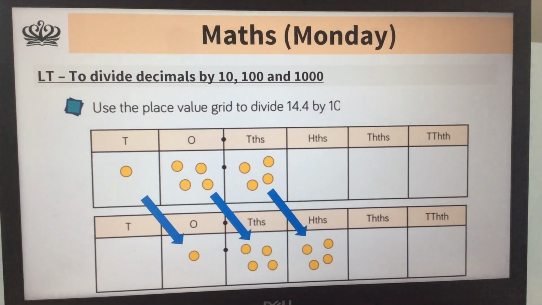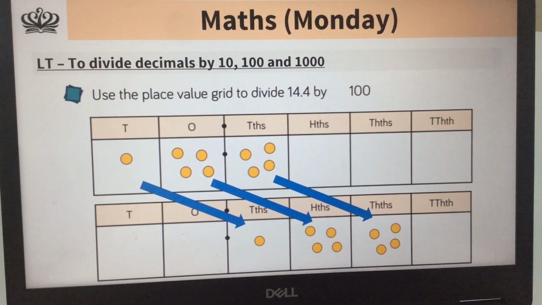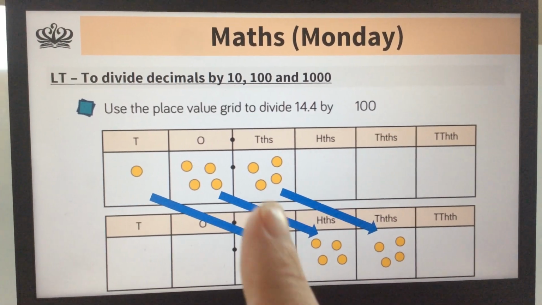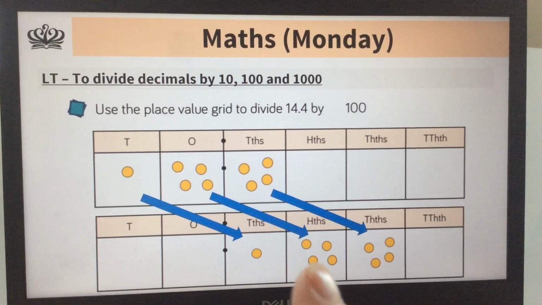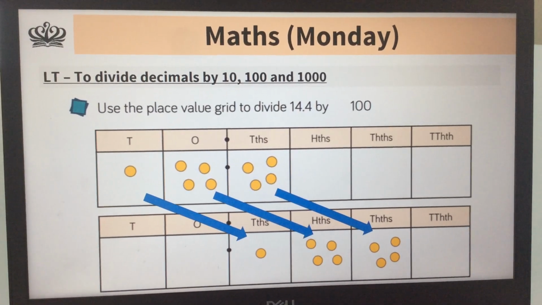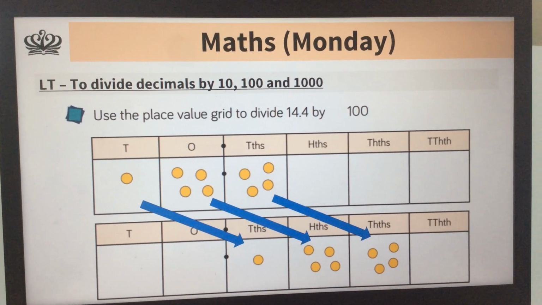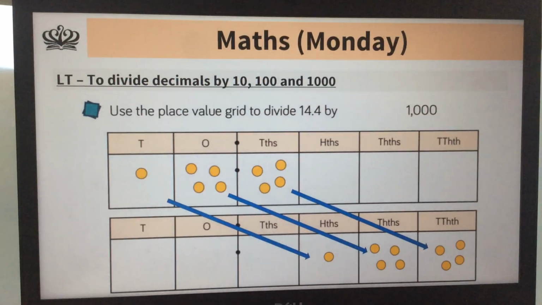Let's have a look at if we divide 14.4 by 100. We are moving each of those digits 2 places to the right. So 1, 2, 1, 2, 1, 2. And for our thousands, we're moving them 3 places to the right.